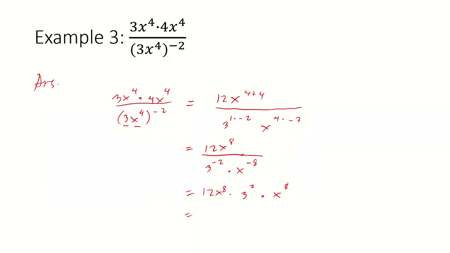Then 9 times 12 is 108. Ito naman, yung x natin. X to the power of 8 times x to the power of 8. Meaning, we just have to add the exponents. Then, finally, 108 x to the power of 16 is our answer.